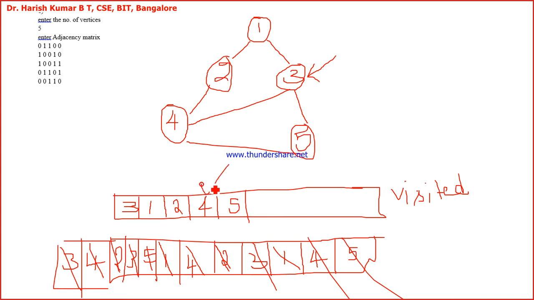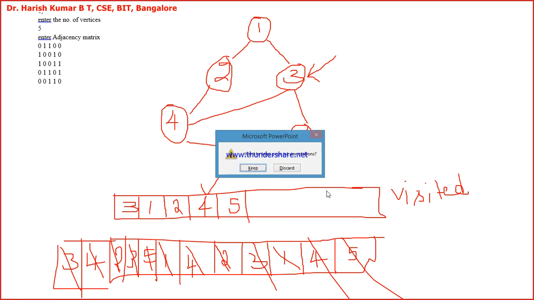Now this is the sequence: 3 1 2 4 5. So this is what we need to get when I give 3 as the starting node. Let me write this sequence: 3 1 2 4 5.